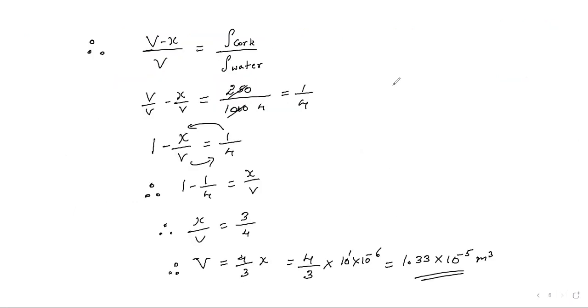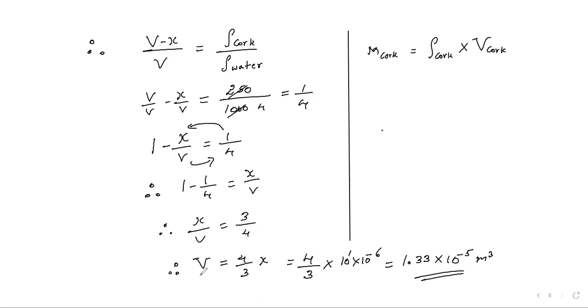So let's find out now how to find the mass of the cork. The mass of the cork is equal to the density of the cork into its volume, the total volume of the cork.